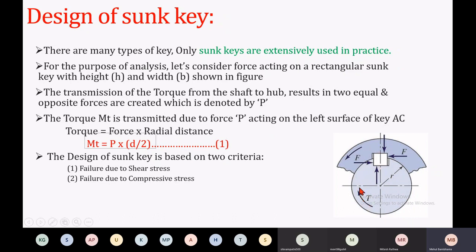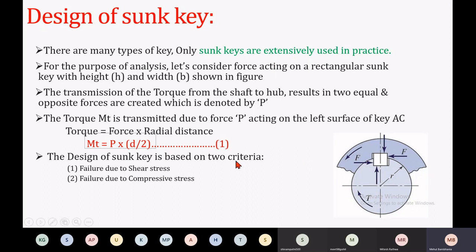When this torque is applied, the key will experience a force P. Here it is represented as F, but let's refer to it as P. The force P is applied when the shaft is rotating in this clockwise direction. This surface will experience force P, and the opposite side, which is fitted into the hub, will experience the opposite force, the same amount P.